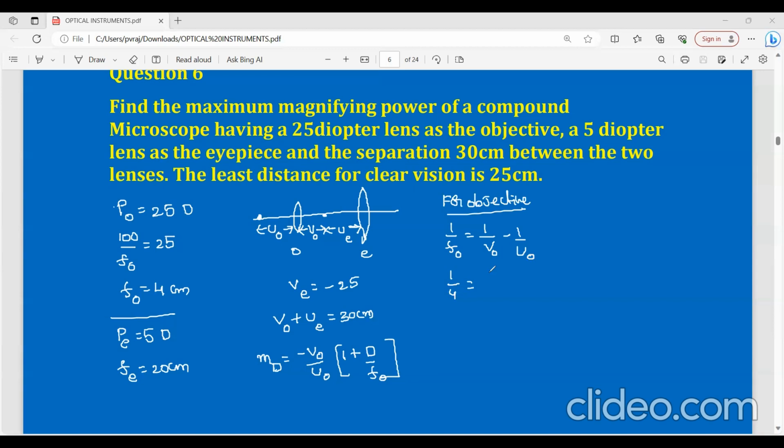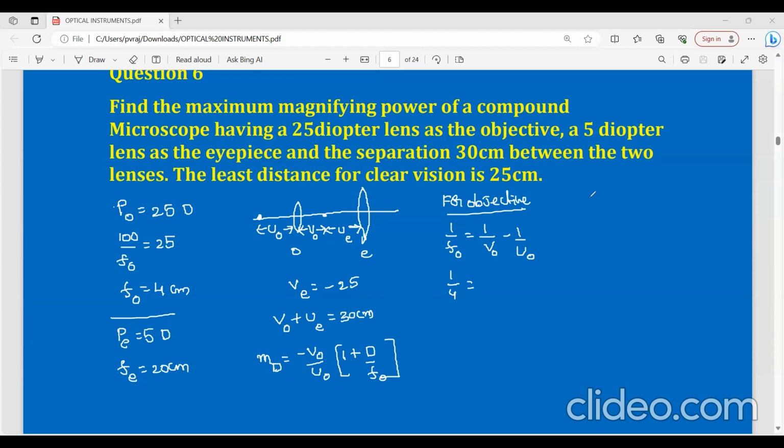the image distance for the objective lens. Only for the objective lens, you have to write the image distance here. But when you go through this, you cannot find it for the objective lens because VO and UO, both we don't know.